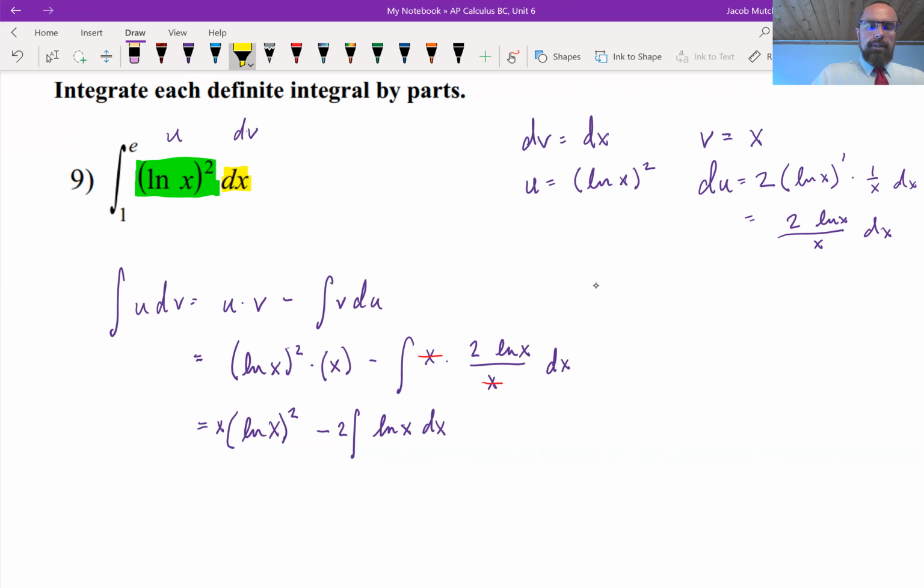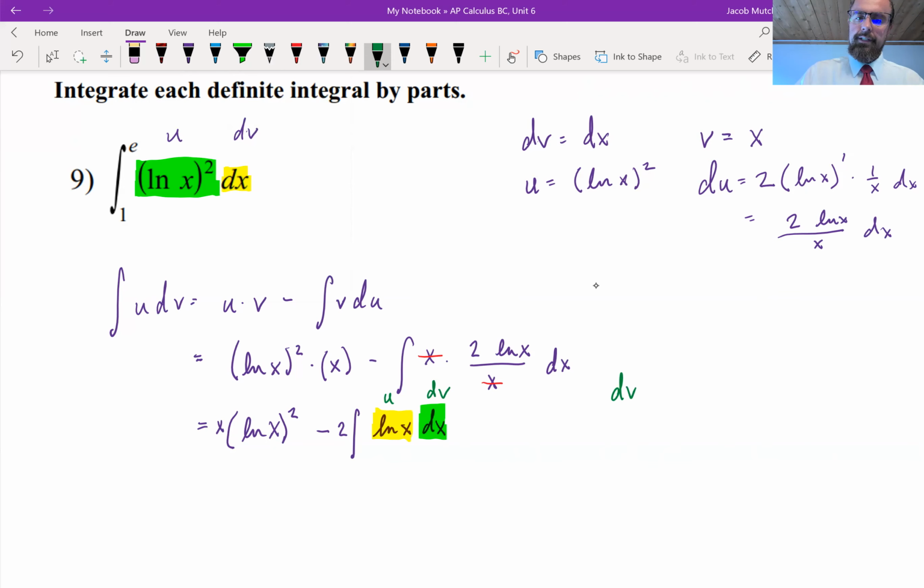So for this one, my u, again, it's a function that I can take the derivative of. It's going to be natural log of x. And what that leaves for my dv for this second round of integration by parts is the dx. So we'll pick that up and run it again. Again, my u is natural log of x, dv is dx.